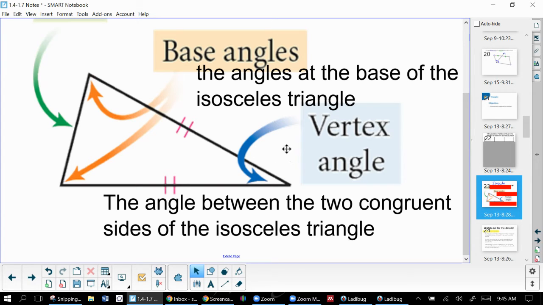Now, your book doesn't do this, but some do. Some books call the 2 congruent sides the legs of the isosceles triangle. Your book doesn't do that because it uses the word leg in a different way. It's not uncommon either way, but if you see legs of an isosceles triangle, they're talking about the congruent sides.